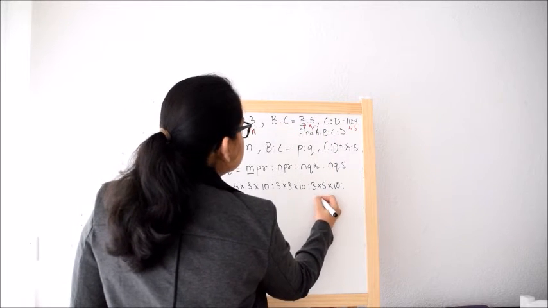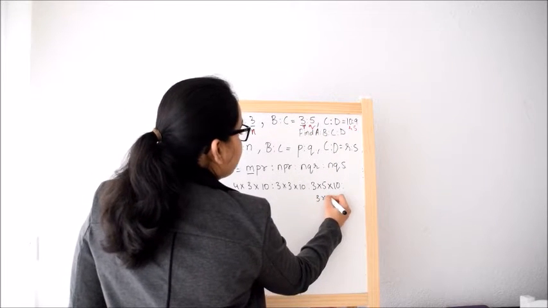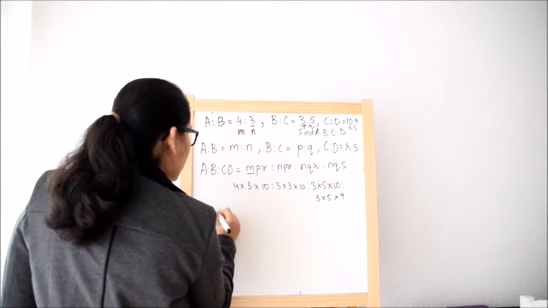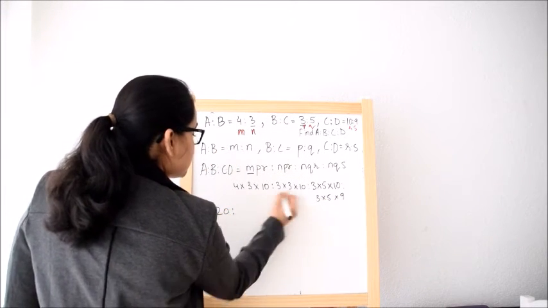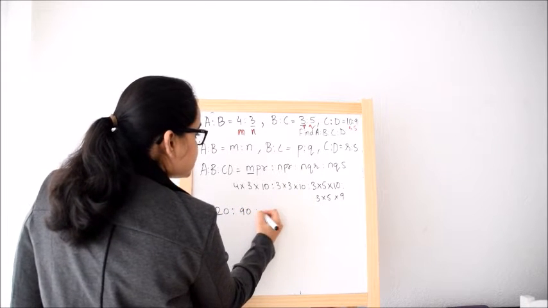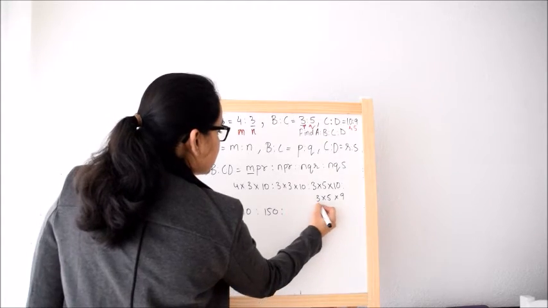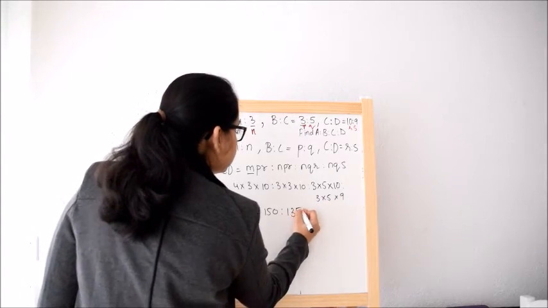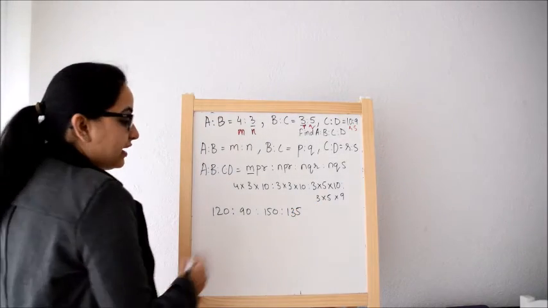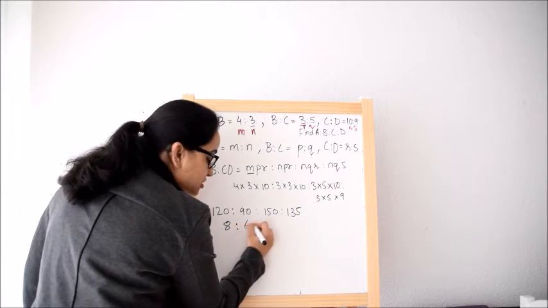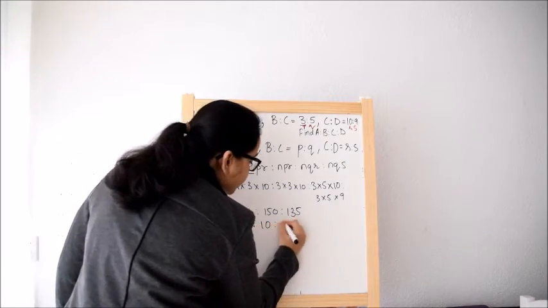So it is 3 into 5 into 9. Okay, so it will be 120 is to 90 is to 150 is to 135. Okay, so if we cancel these, then we will get 8 is to 6 is to 10 is to 9.